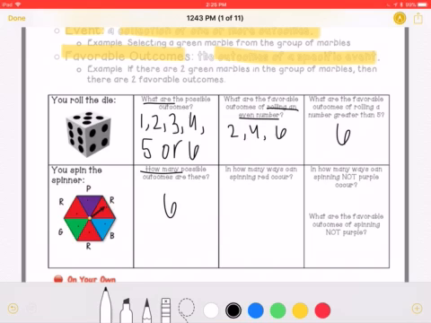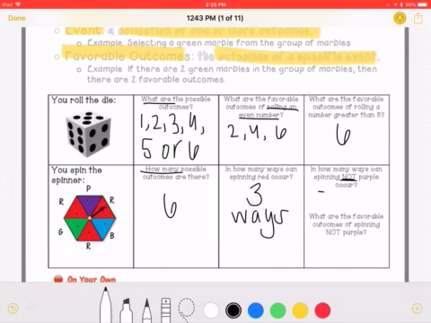Next, in how many ways can spinning red occur? So in how many ways are there red? How many spots are red? Well, there are 3. So there are 3 ways. In how many ways can spinning not purple occur? Well, there's red, blue, red, green, red.